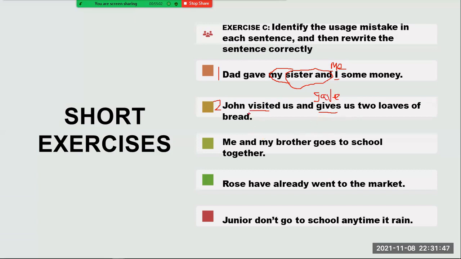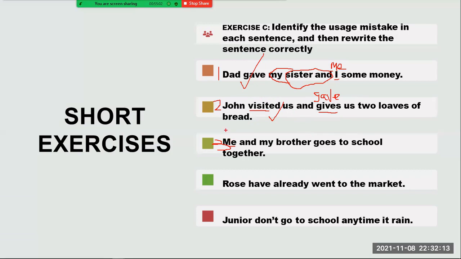All right, so I want you to look at these ones, and any of them that you got correct, you tick it. Then this third one, me and my brother goes to school together. The first usage mistake is beginning the sentence with me.